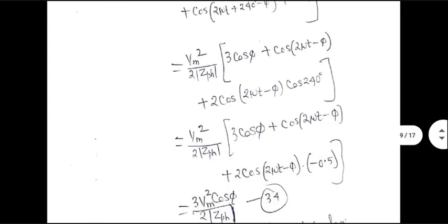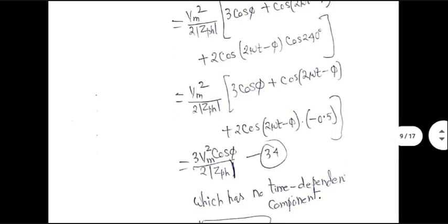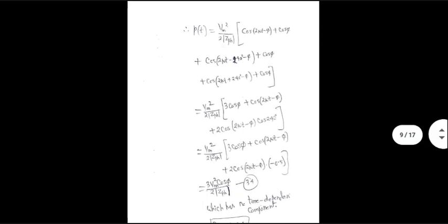So what you will get is, you further simplify the result, you will see that all time dependent terms cancel each other. That's for sure. Double check this derivation. But at the end, you will see that only 3 cos phi would survive within the brackets. This is one of the biggest advantages from operational point of view that you can expect in balanced systems.